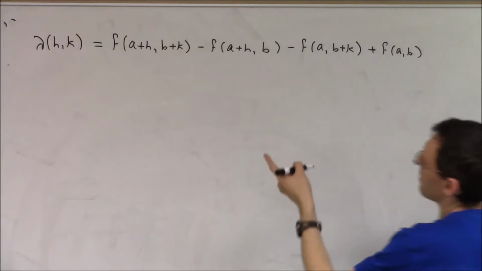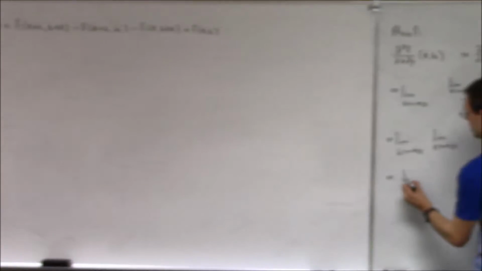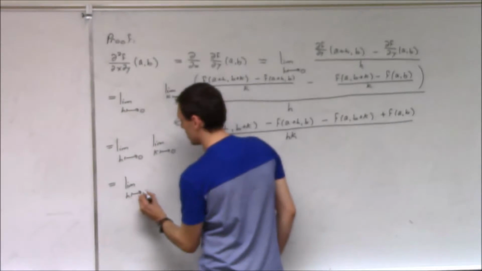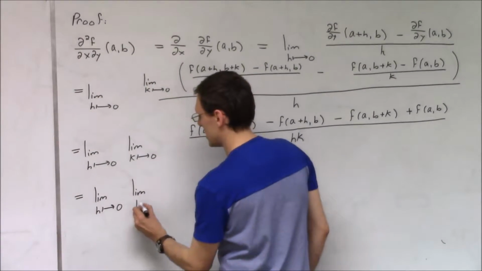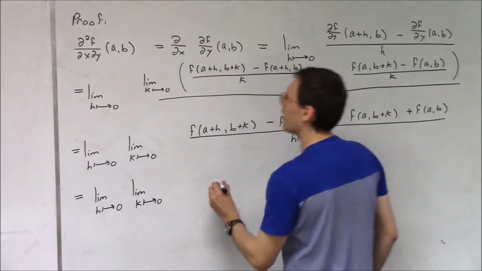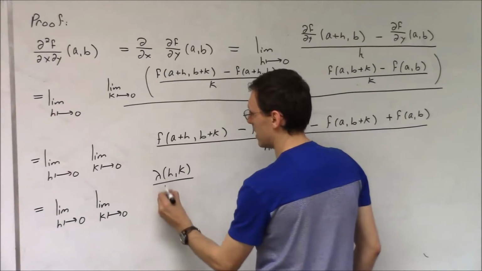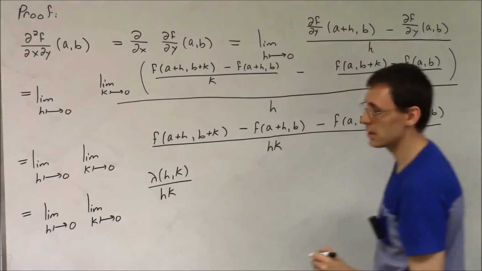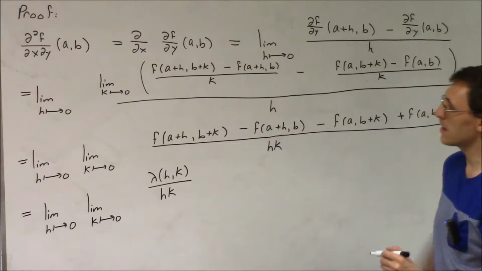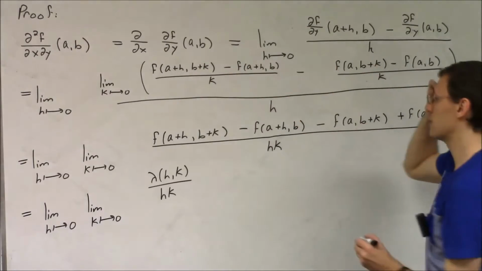Okay, that's going to be my lambda. So with this notation, this is just the limit as h goes to 0, limit as k goes to 0 of lambda of (h, k) divided by hk. That's what I get when I expand this derivative.